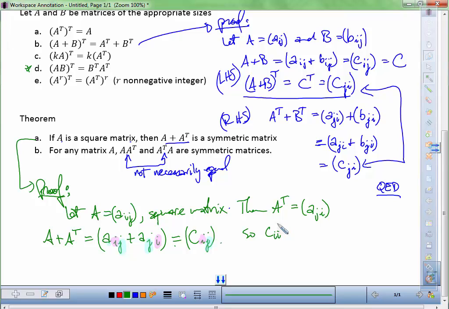So what am I looking at? The diagonals. These are just the diagonal elements. So Cii tells me that this is going to be Aii plus Aii. So that's just 2 times Aii. So the resulting diagonal of your new matrix is going to be twice each of the diagonals of the original matrix. Right? Yeah?